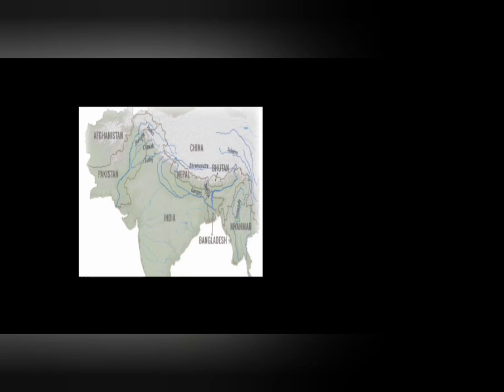They will not dry up in a particular year or a particular season, but are continuously flowing all throughout the year. So they are called perennial water sources, and the water is generated mostly from the Himalayas.